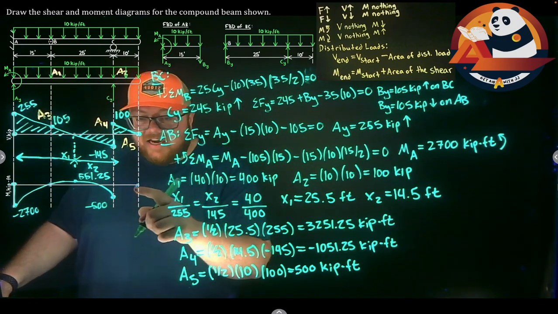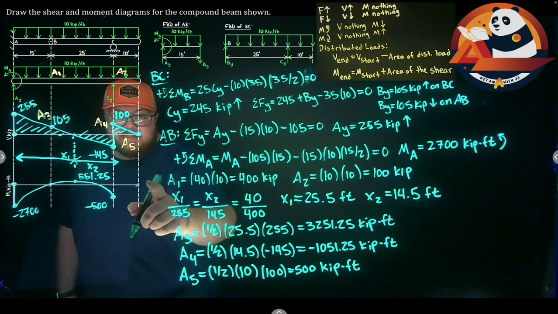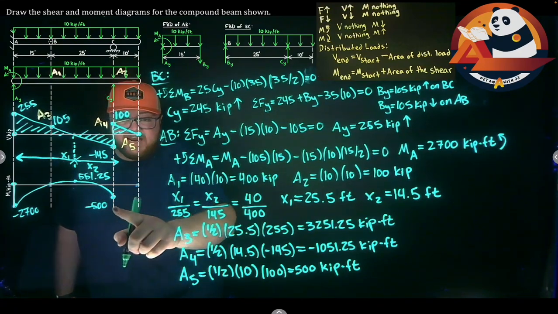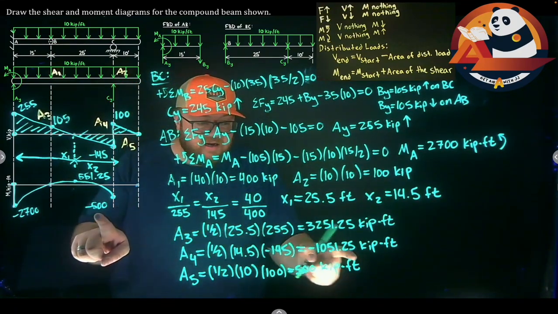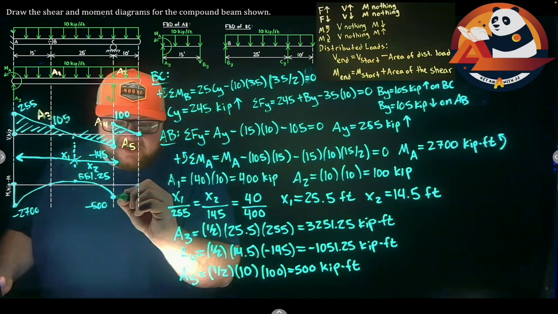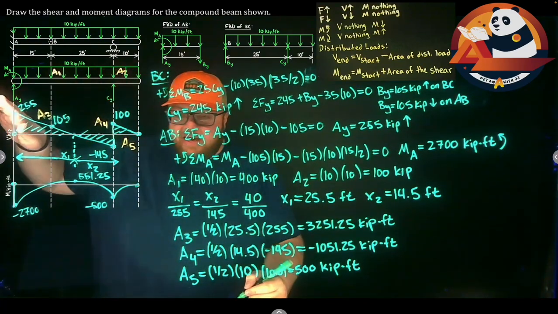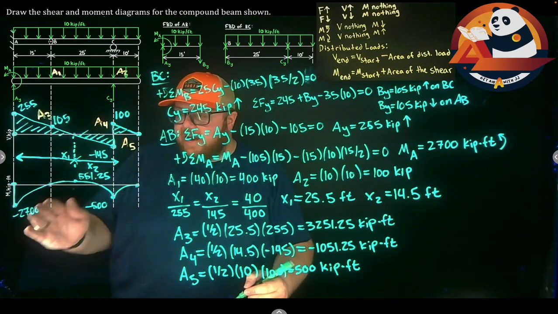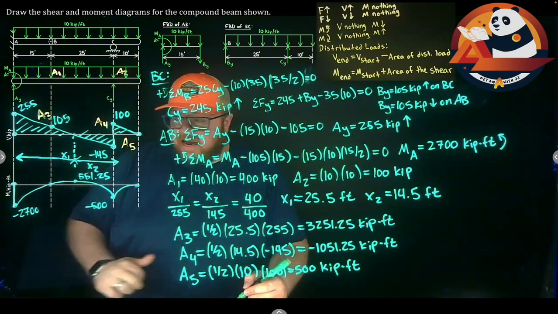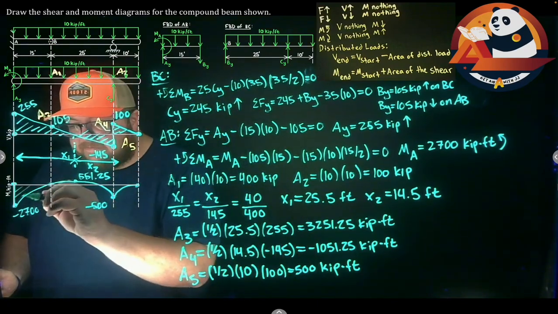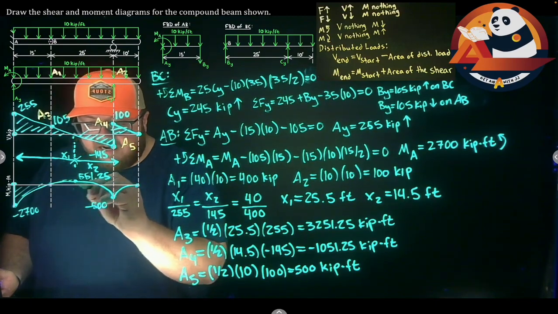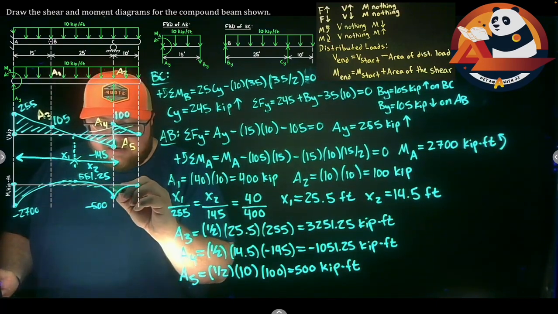Finally, in that last section, our moment at the end of area 5 is the moment at the beginning, negative 500, plus area 5, 500, which gets us back to 0. Everywhere in here, our shear was sloping down, so I should be parabolic down at every single point along the way. And we could shade that in as well.